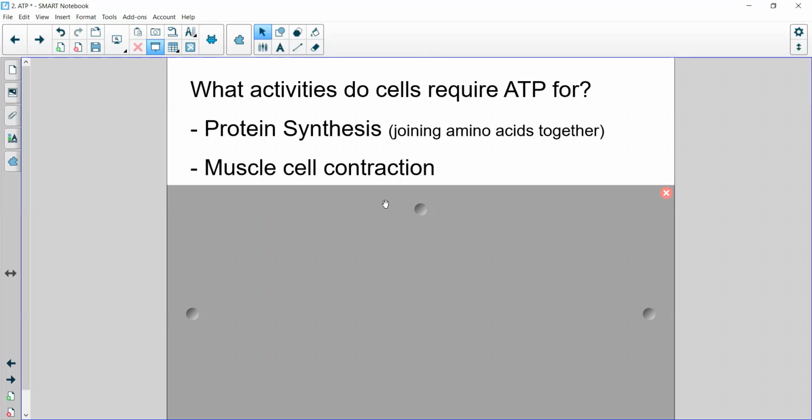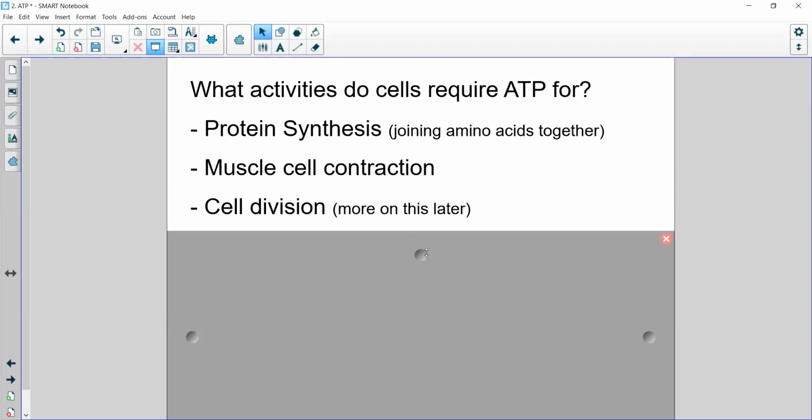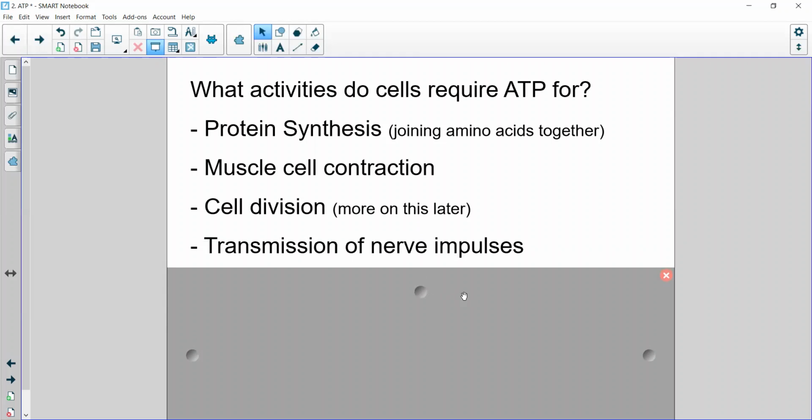But if we think about that on a cellular level, when we move, it's because our muscle cells are contracting and they require ATP for that. Things like cell division requires a lot of ATP, a lot of energy, but we'll find out more about this in the next unit. Transmission of nerve impulses. So if we're sending electrical signals from our brain to other parts of the body through our nerves, that requires ATP.